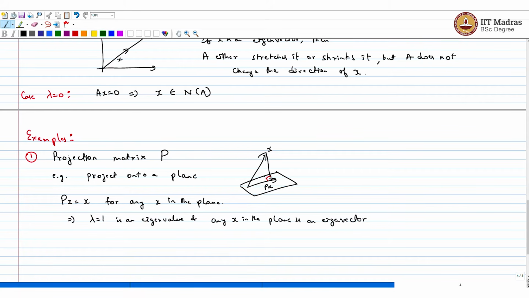Now, that would be the first one. What about the second one? Is there another eigenvalue? The answer is yes. Consider an x that is perpendicular to the plane. Then what would happen to Px?